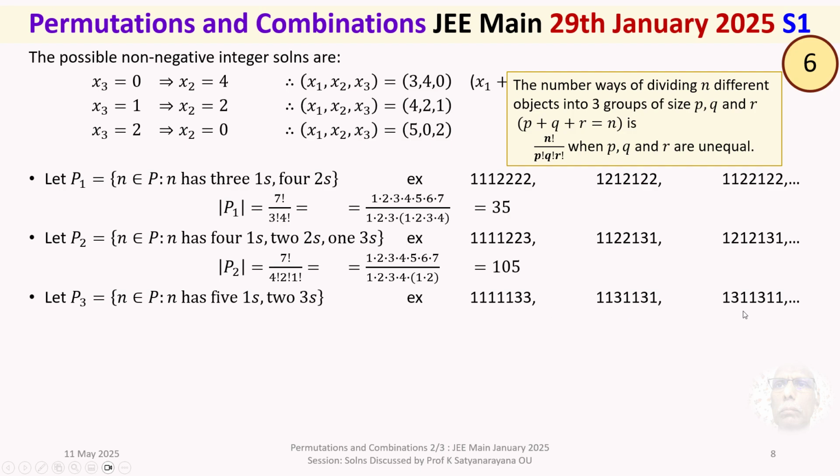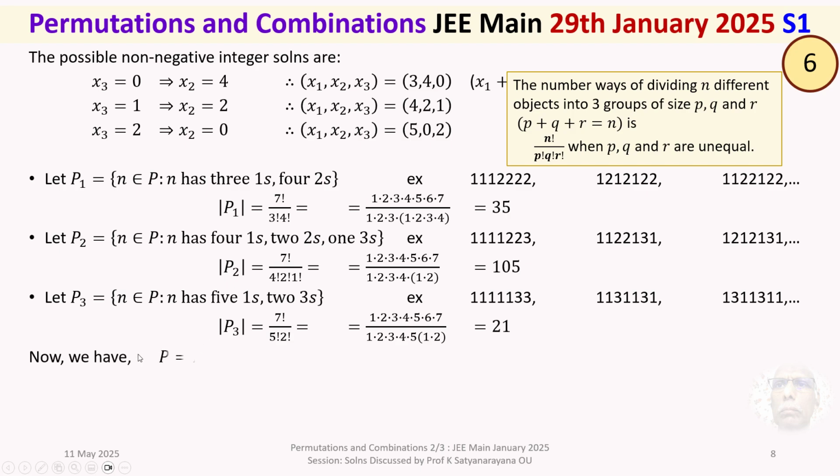How many? The order of P3 is 7 factorial by 5 factorial into 0 factorial into 2 factorial. Substitute here, simplify, you will get 21. And we have got all possible combinations. Therefore, we have exhausted all the numbers of P.